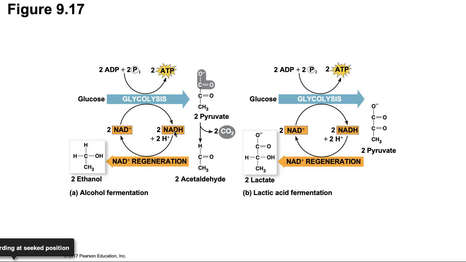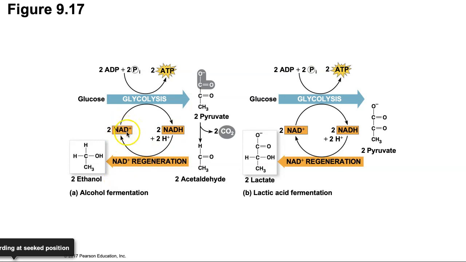So instead, the NADH that we generate from glycolysis is used in this step here to turn the acetaldehyde into ethanol. So the NADH carries electrons, and those electrons and a couple of hydrogens get transferred onto this molecule, which becomes ethanol. And in doing so, we regenerate NAD+.